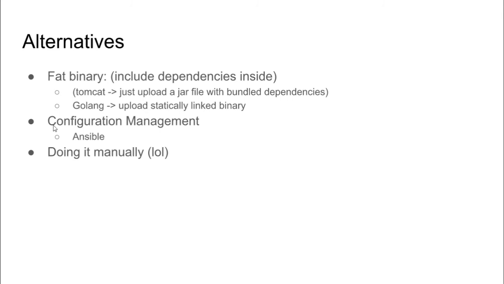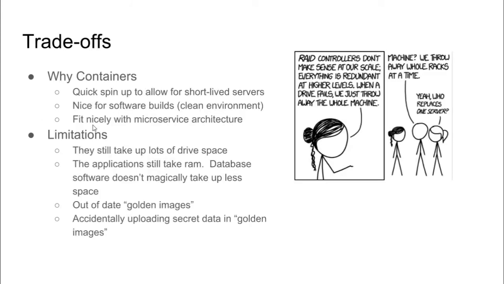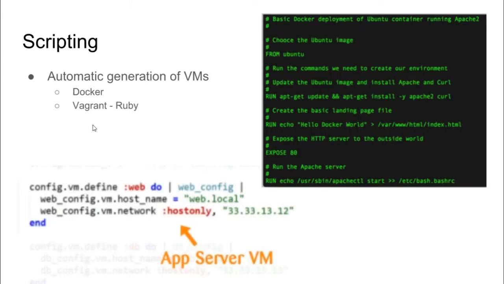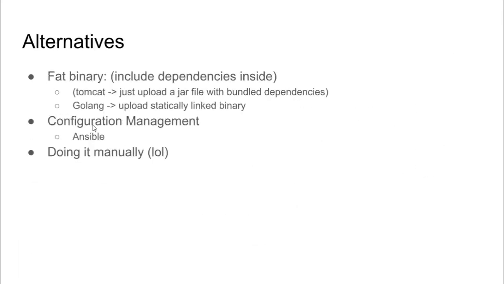So, to go back to what we were talking about before regarding different methods of scripting, there are also other ways of doing the scripting, which is also known as configuration management. So installing packages, copying config files to directories and that sort of stuff. There are also tools for doing that.